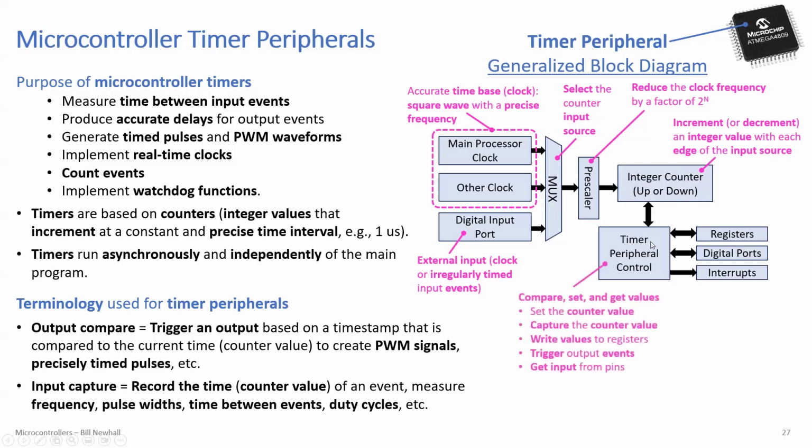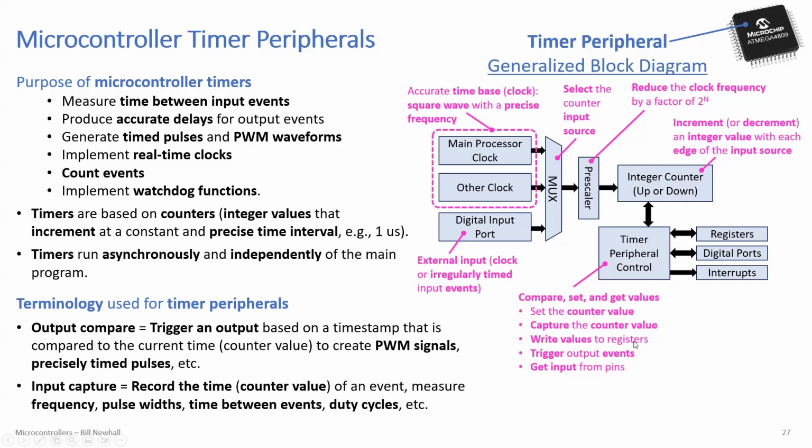And then there's this timer peripheral control block. So this block compares values, it sets values, and it gets values. So you could set the counter value. So you can set this integer counter with a number based on what you have in software. Or you can read the counter value. You can capture it. So you can get that counter value, and then you can send it to software.